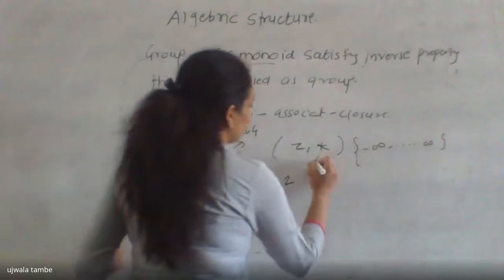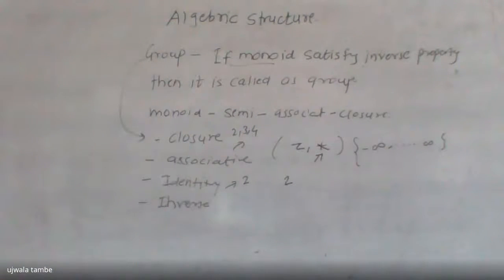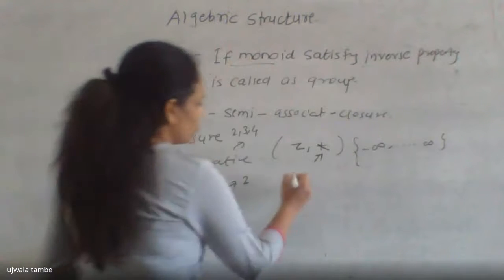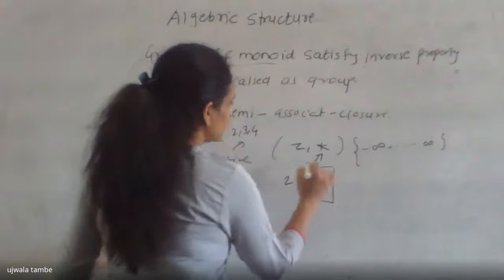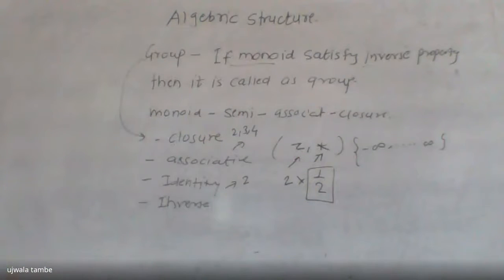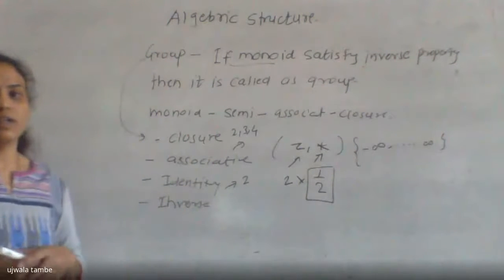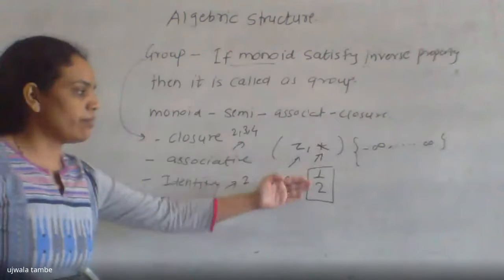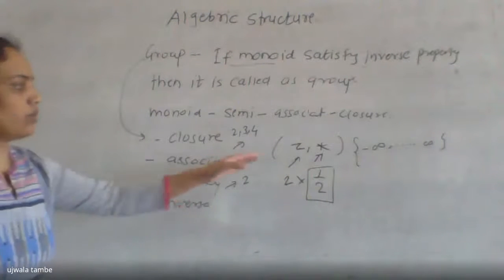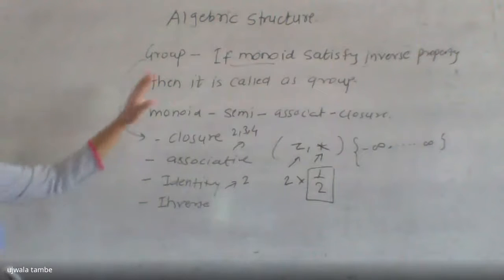We have to find it with respect to multiplication, not addition. This is 1 by 2, right? Now tell me whether 1 by 2 is present in the set of Z. No, right? Then how does it become a monoid? If it does not satisfy the inverse property, because 1 by 2 is not available in the set of Z, then this is not a group. Understood?